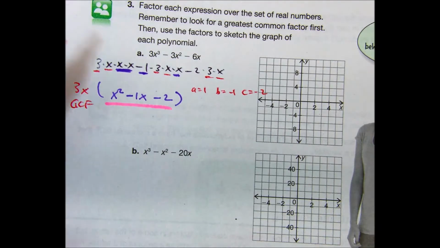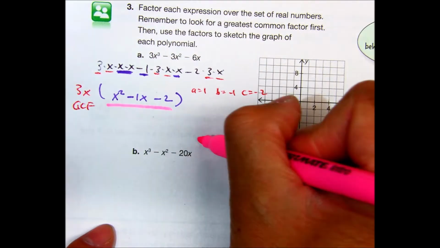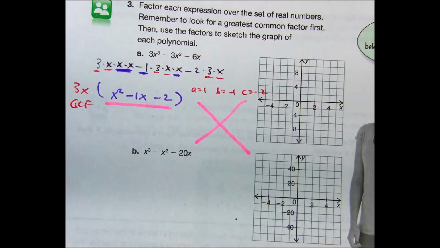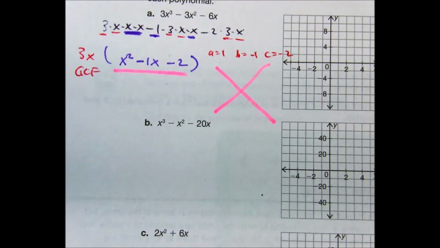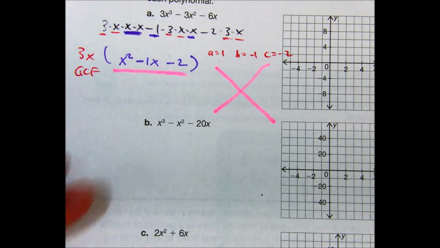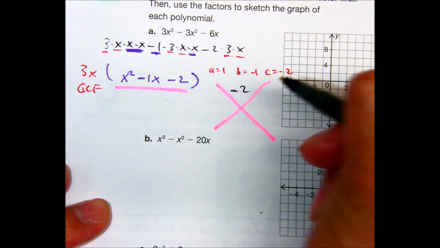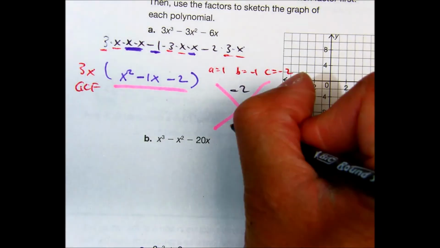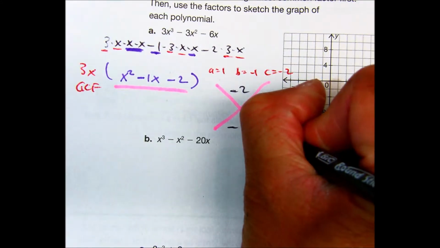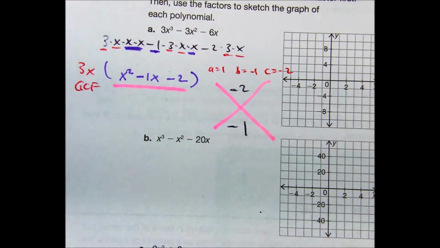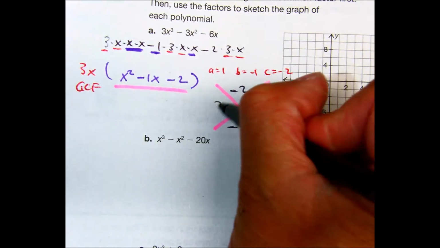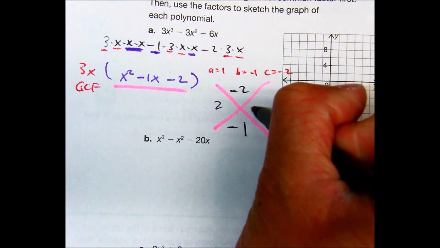Okay, so now with those A, B's, and C's, Pamela, what happens if I drew this? Correct. A times C is what? Two and what? And minus 1.